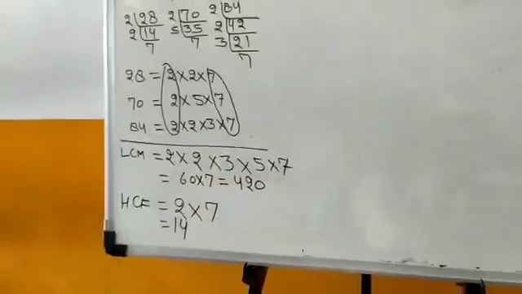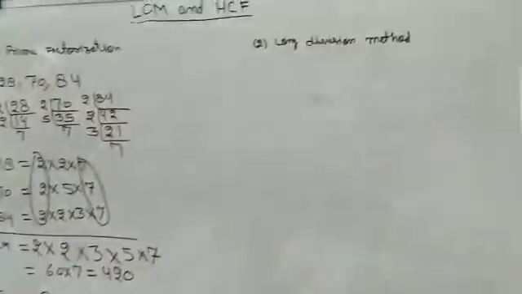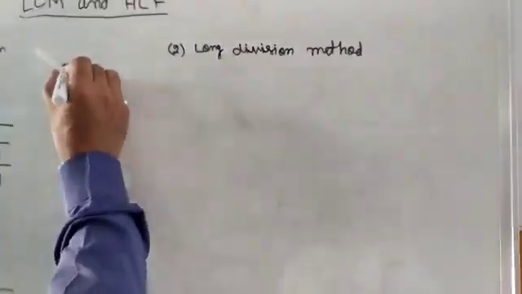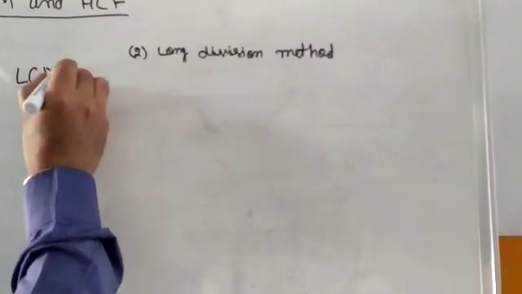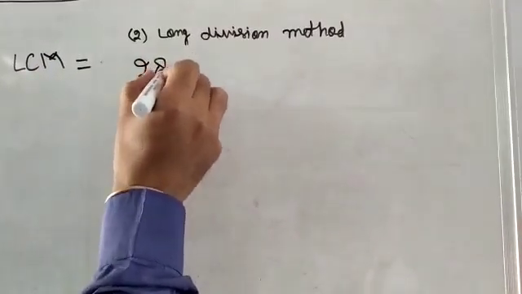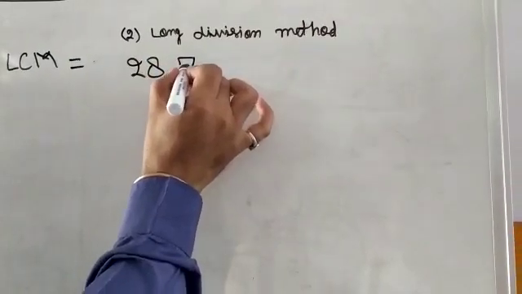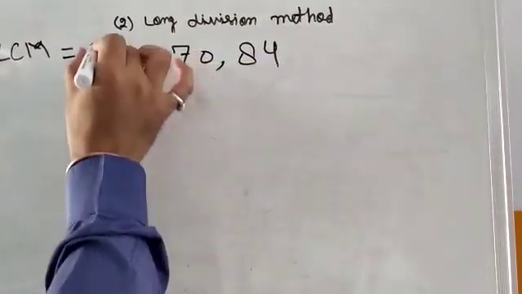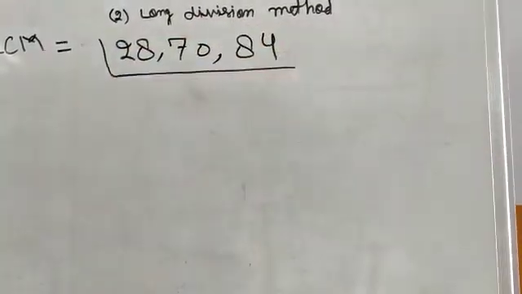Now the same problem I am telling you by the long division method. For finding the LCM by the long division method, we will write all these numbers 28, 70 and 84. Starting from 2, we will see if it is divisible.